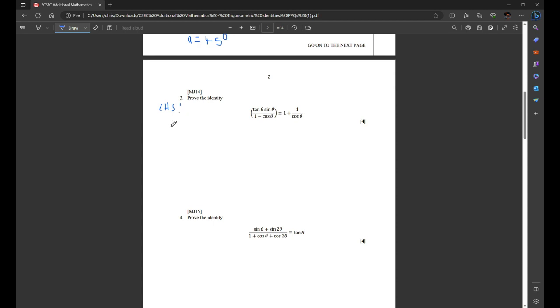And we're going to write sine theta over cosine theta, which, if you remember, is actually just tan theta, multiplied by sine theta all over 1 minus cos theta.